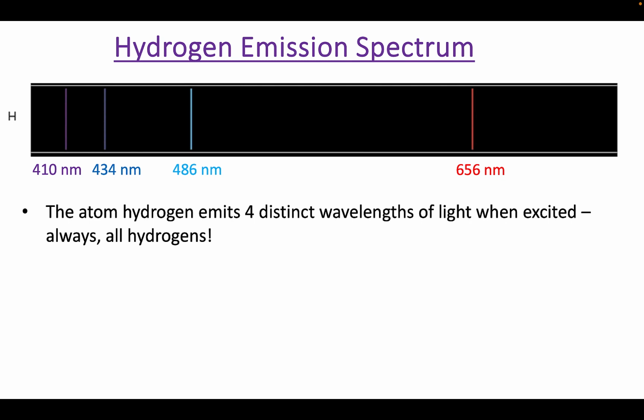So basically, if we take hydrogen, the atom hydrogen, and we excite it and we let it relax, we're making those electrons energized, and then when they fall down to a lower energy level, they will emit only certain wavelengths of light because the energy levels in the hydrogen atom are only specific distances apart. We see only these 4 bands when we excite and allow hydrogen to relax. And this corresponds to transitions within the hydrogen atom.